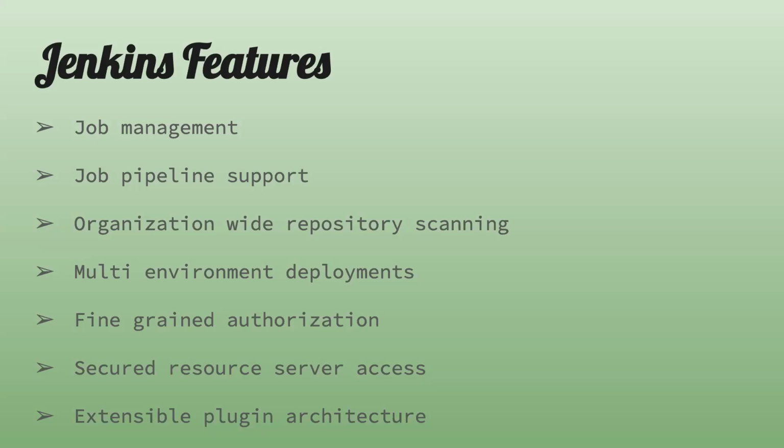Jenkins is also able to scan organization repositories widely. We can mention this is our organization, and please scan all the repositories that we have and build the latest changed repositories. The other thing is multi-environment deployments.